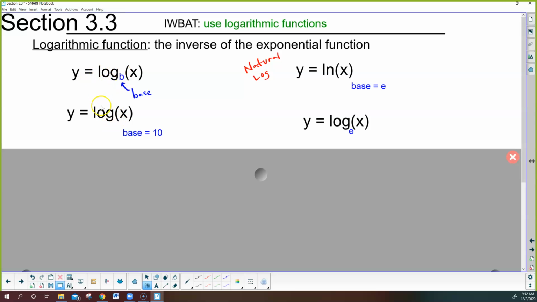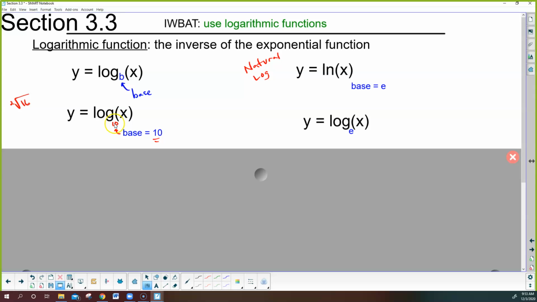Okay, so let's go back to the regular log. If I have y equals the log of x and it's blank right here, then you are going to put a 10. A 10 is considered the regular base. Remember when we took the square root of a number, 16? We never really put the 2 out in front there. We just said that 2 is always assumed to be there. That's the same thing with the 10.